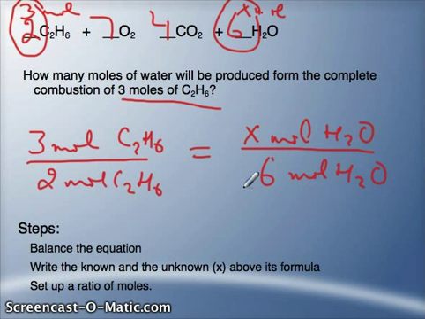So this 2 to 6 ratio of C2H6 to water is based on the balanced chemical equation, and this is the question, what you're looking for. If you write the known and unknown values above their formulas, it sets up that mole ratio for you. So in this case, X is going to be 9 moles of water.